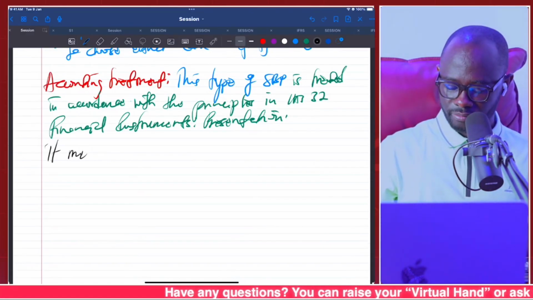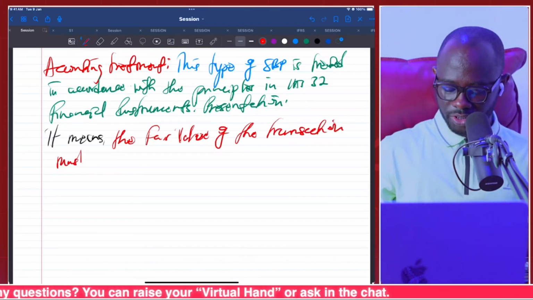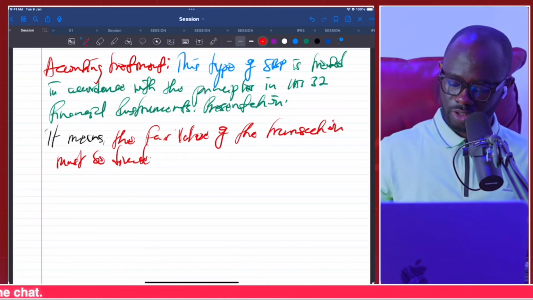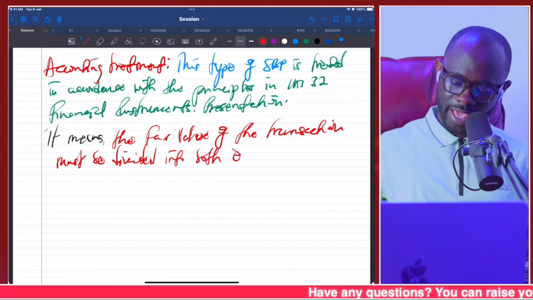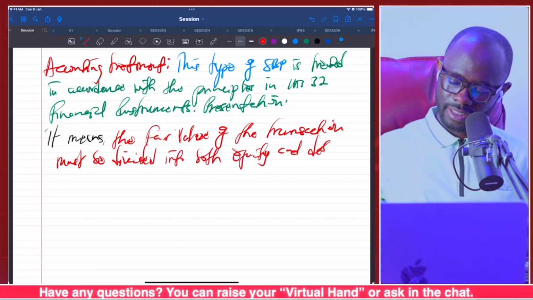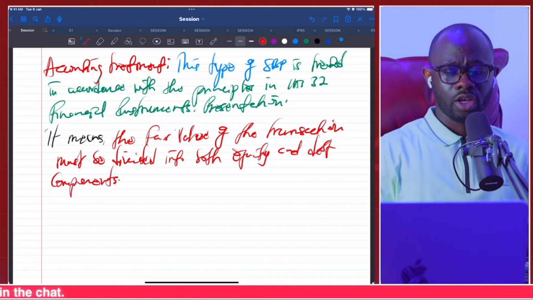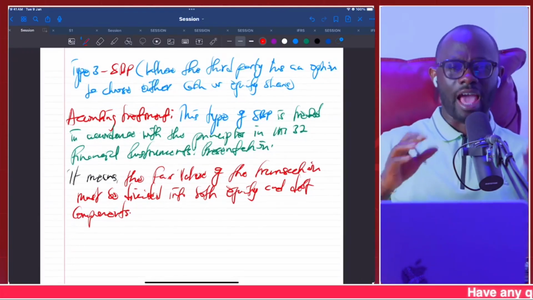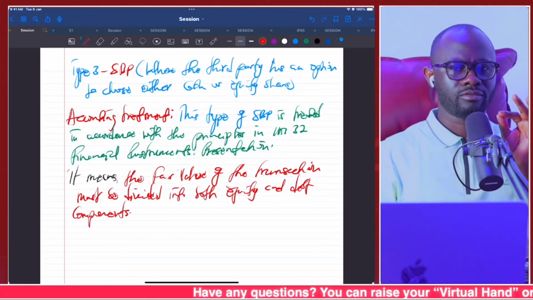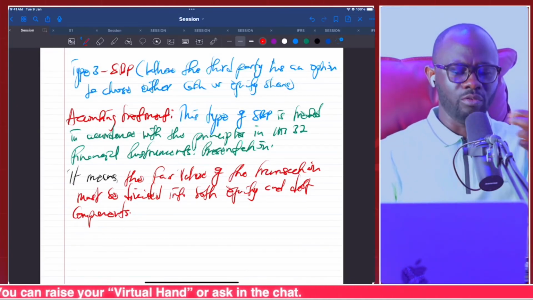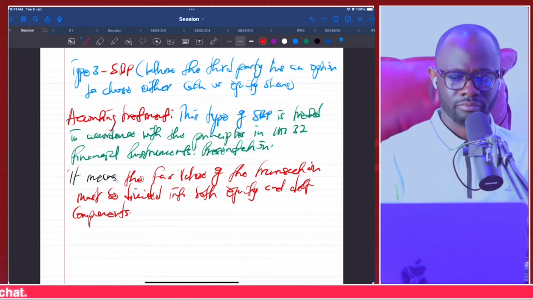It means the fair value of the transaction must be divided, not dividend, divided into both equity and debt components. That's what I'm talking about. So we treat this like we would treat issue of convertible loan note. You get the idea? Like we would treat issue of convertible loan note.